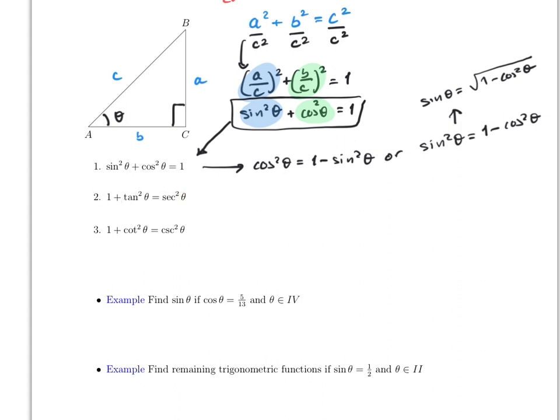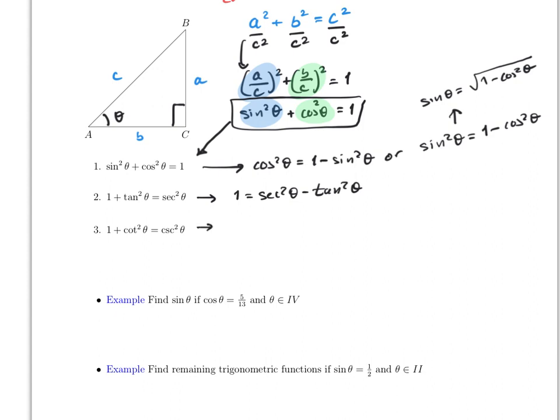And it's very, very similar to this. So for example, if 1 plus tangent squared is equal to secant squared, this is definitely what you should memorize. It's going to be very useful sometimes to say that 1 is equal to secant squared theta minus tangent squared theta. So notice that if you move this to the side, you get this. Similar for this one.